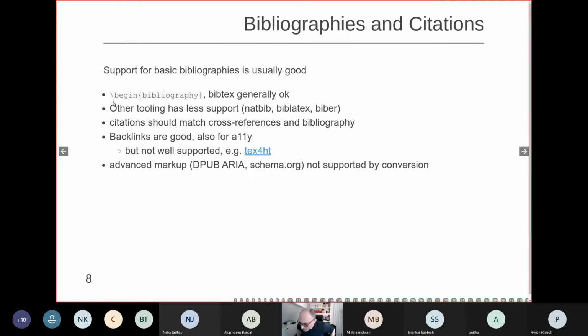Right. And just to summarize, let's go over some of these issues that we've just outlined in a bit more detail, what you can do, or what is available out there. So for bibliographies and citations, there's very, very good tooling support. Why it hasn't really been in the examples I've shown you has one primary reason: I didn't use the actual bibliography file in order to do the conversions.